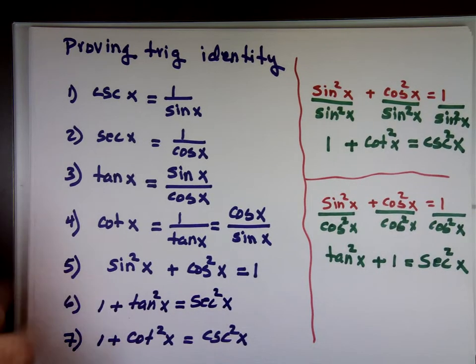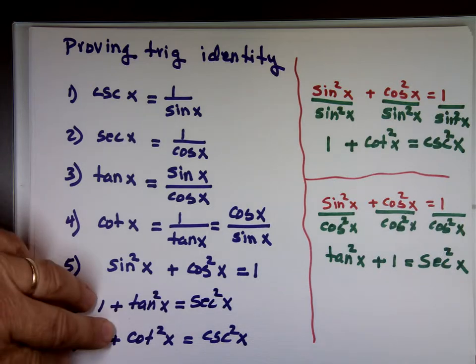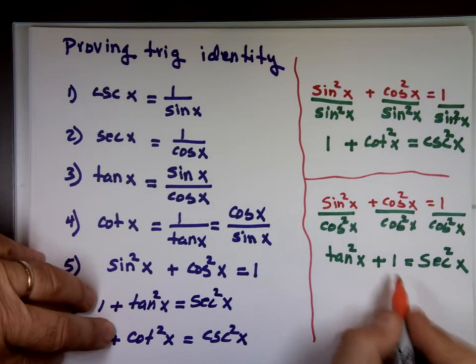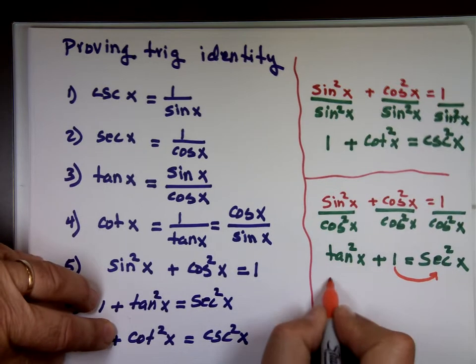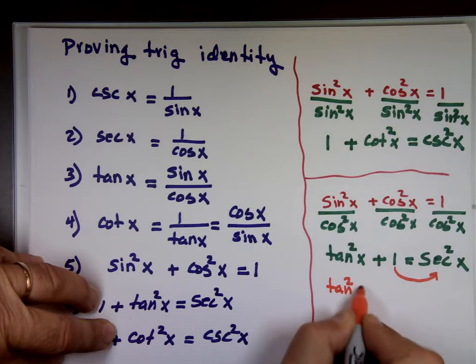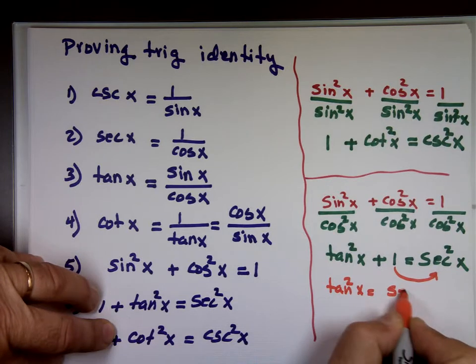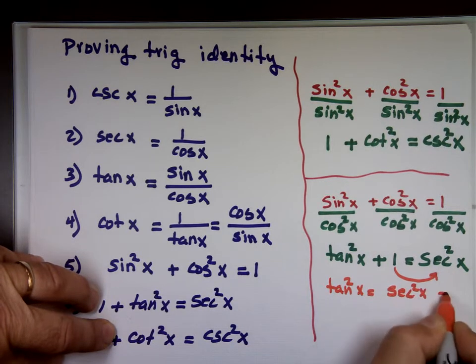You know, if I want to have fun with this, I know you're all having fun with it. Watch this. I can even make it look different. What will happen if I move that 1 to that side? You get tangent squared x equals secant squared x minus 1.